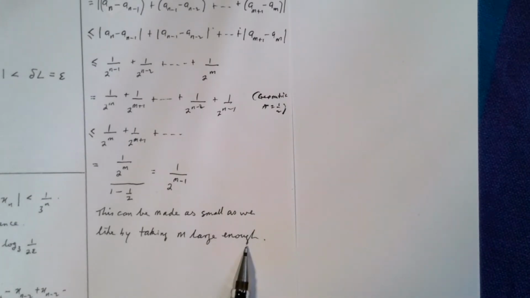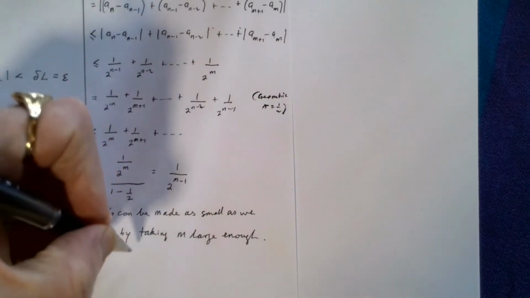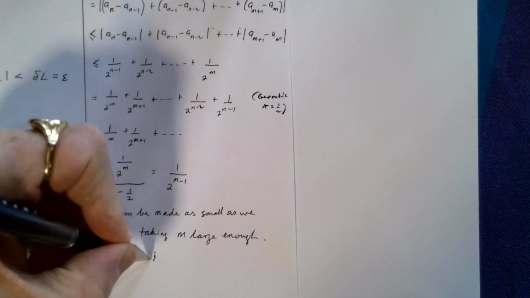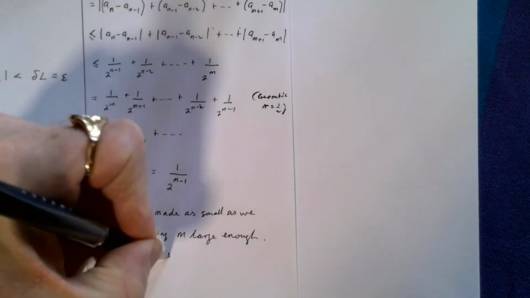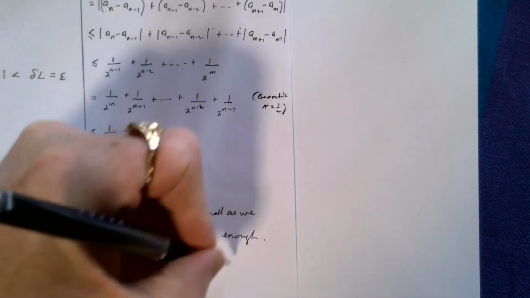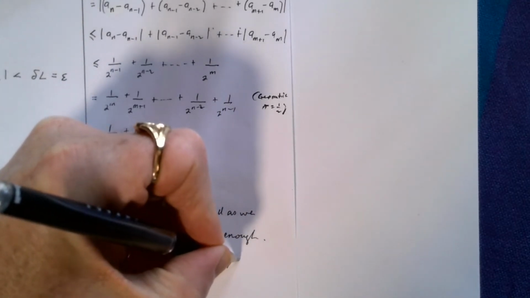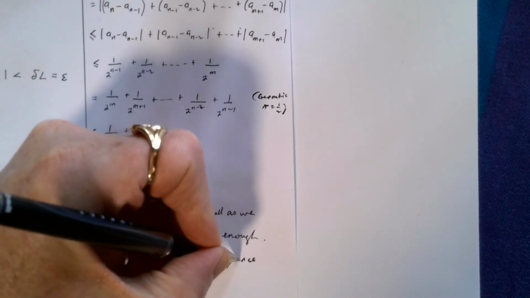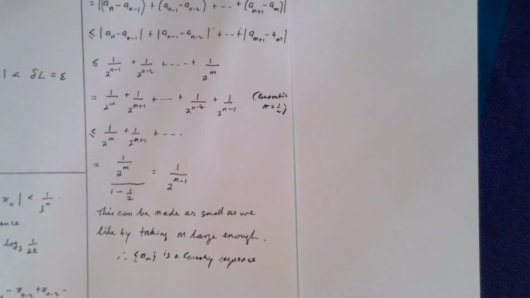In other words, it's therefore a Cauchy sequence. So I can make this difference small. So this one is a Cauchy sequence. Now that's a fairly difficult example. I don't expect you to be able to reproduce that.